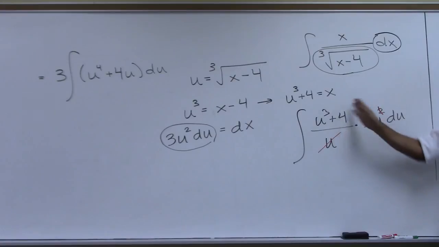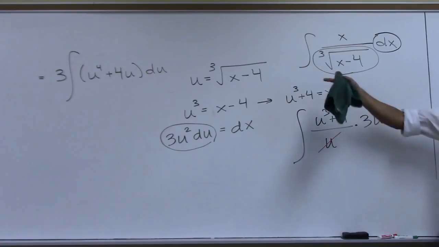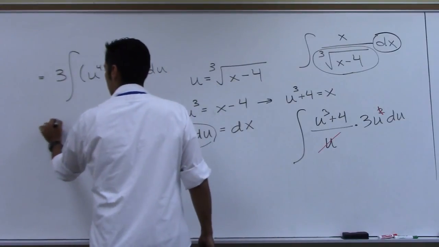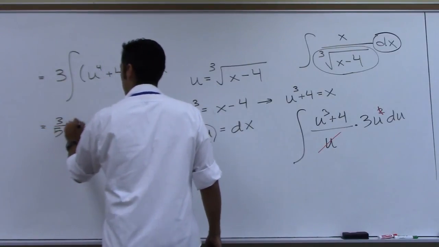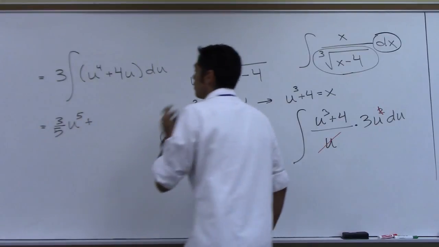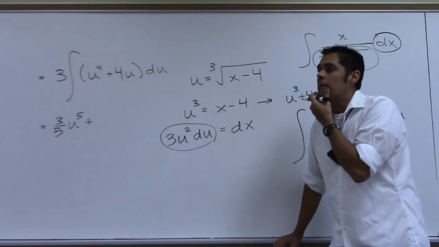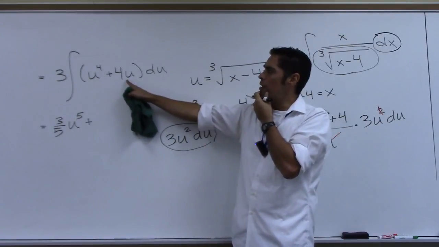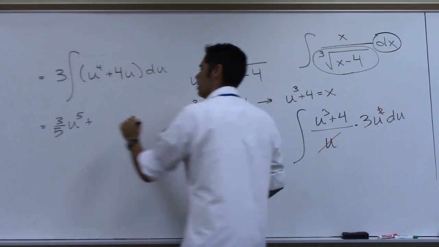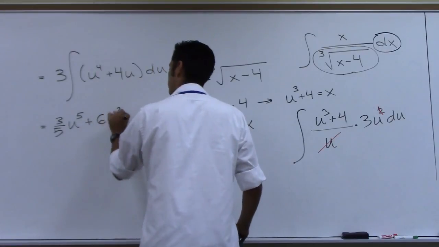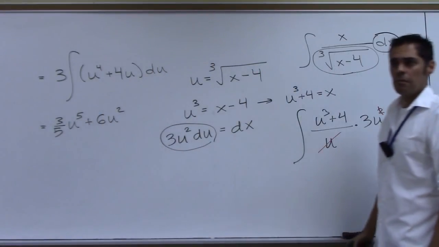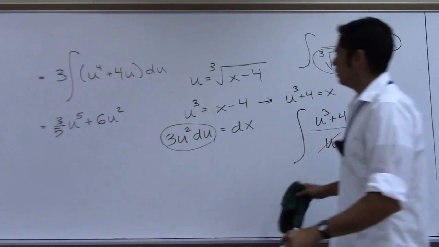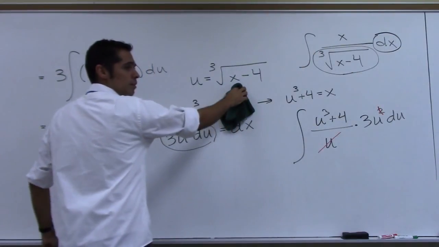So that's just passing that u through. And now that's just power rule. So the antiderivative of this will be 3/5 u to the 5th plus what? It's the antiderivative of 4u: 2u squared, but then times 3, so 6u squared, plus a constant. But what's u? This cube root thing, right?